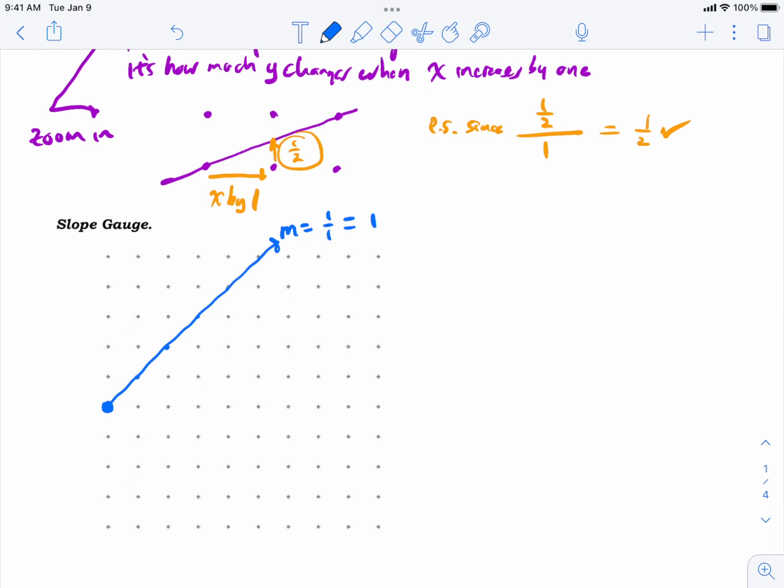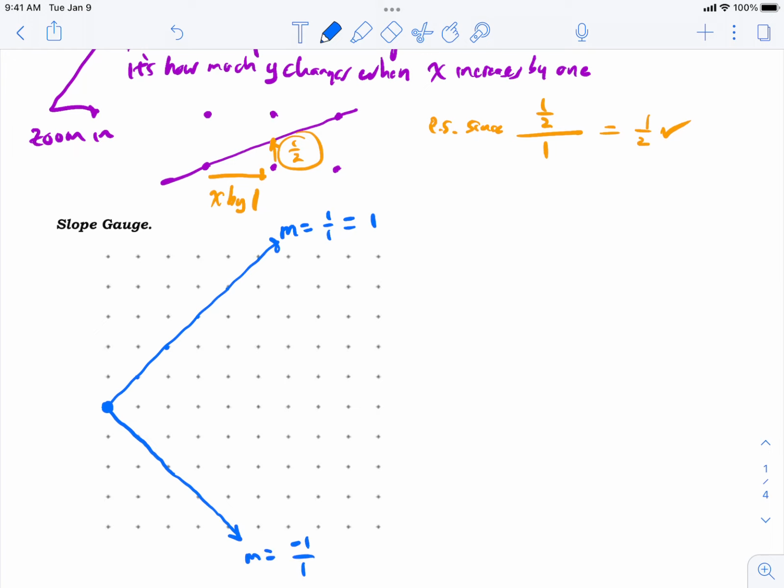Now if I went down 1 over 1 instead, I'd be going this way. Now that can't be a slope of 1 because we're already using a slope of 1 for that line. That line has a slope of 1. So what's the slope of this one? Well, since it's going down 1 over 1, we would say the slope is, well, basically the rise is negative, right?